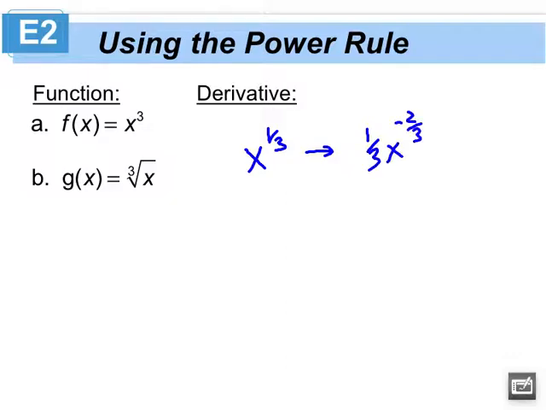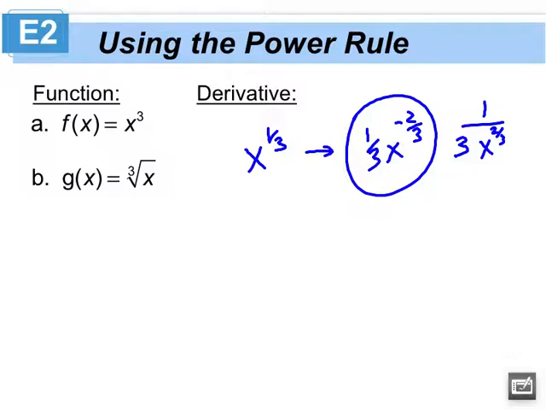Well done. For now, I'm just concerned about you getting to that point. Later on we'll have to talk about whether or not that's an acceptable answer, because you could rewrite this as 1 over 3x to the 2/3. Or if you want to get all fancy, you could write it as the cubic root of x squared. But for now, we just want that. If you can do that, I'm happy.